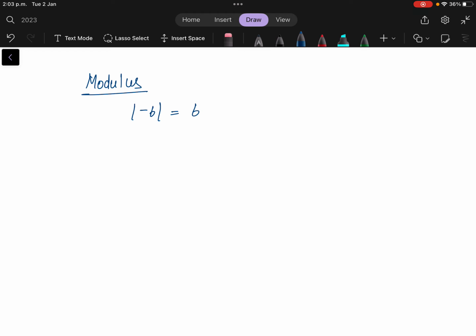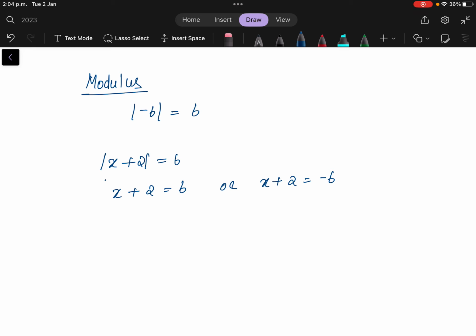So in modulus, what can be the questions? For example, solve modulus of x plus 2 is equal to 6. That means x plus 2 is equal to 6, or x plus 2 is equal to minus 6.